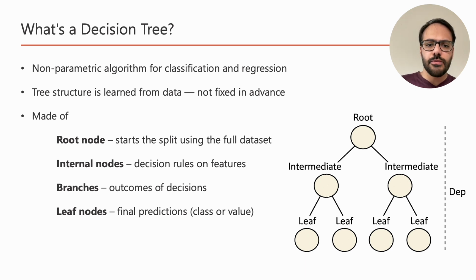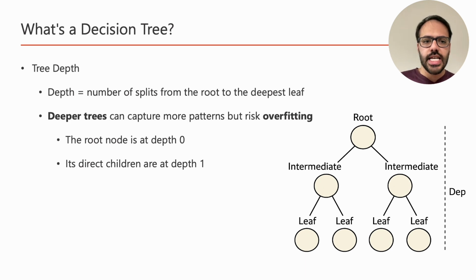One thing that is very important to understand when you're working with decision trees is the concept of tree depth. So what is tree depth? It is the number of splits or the number of levels. So this is level 1, this is level 2, and this is something that you have to set in advance. Although we don't want to specifically say what the depth should be, we usually put a limit on the total number of levels.